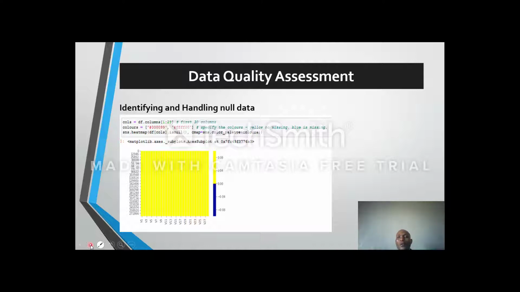This is possible because the data was sourced from a previous project where principal component analysis had already been implemented, and as we all know, principal component analysis cannot be done without removing null data. So in this particular data set, we do not have null data.